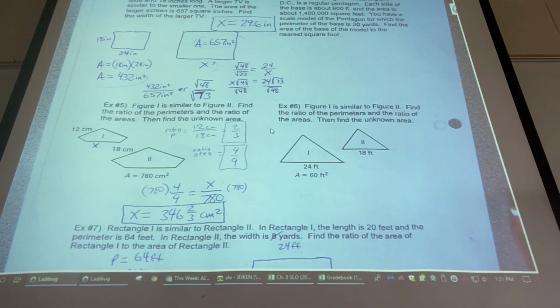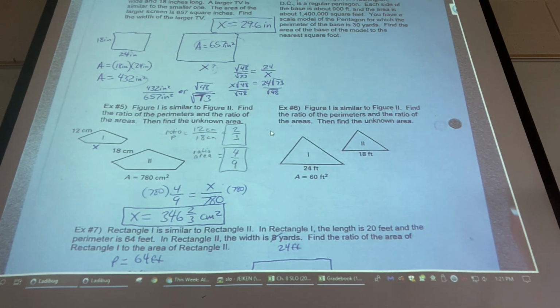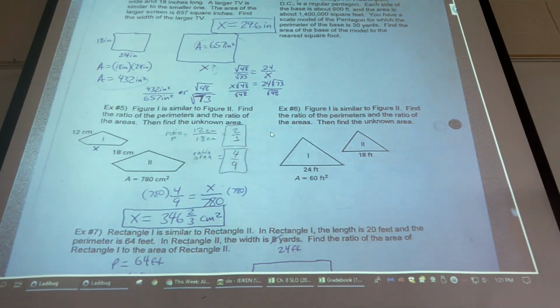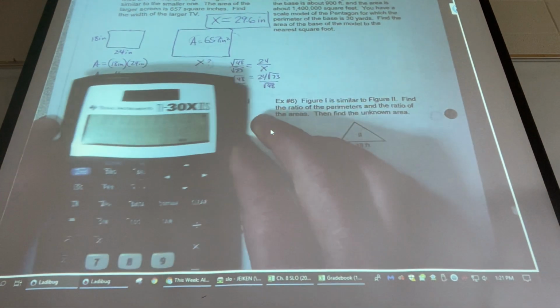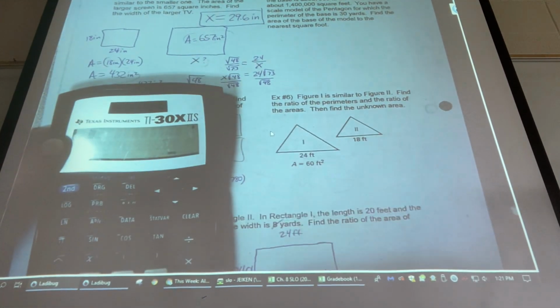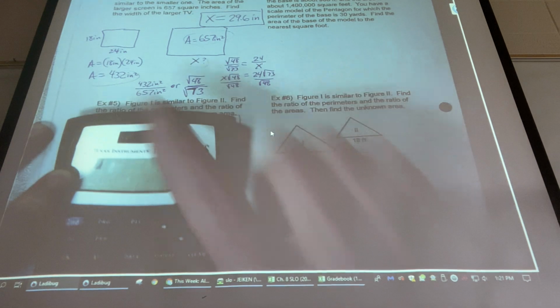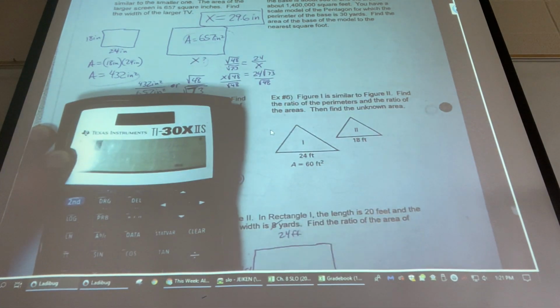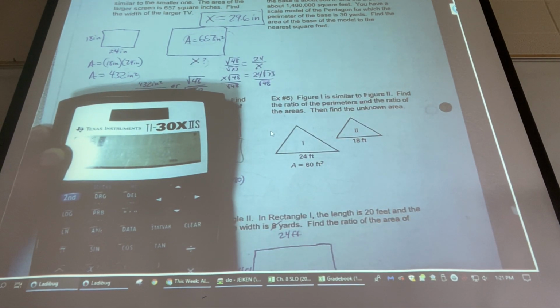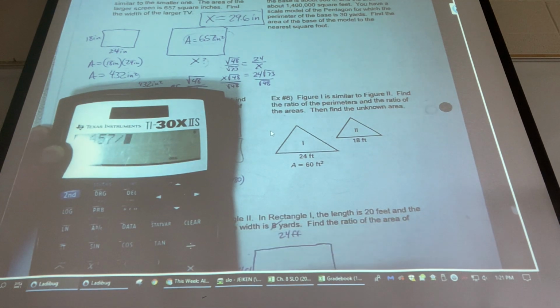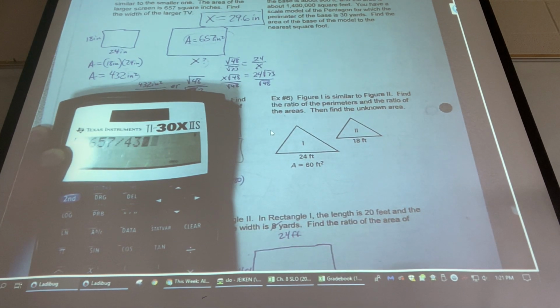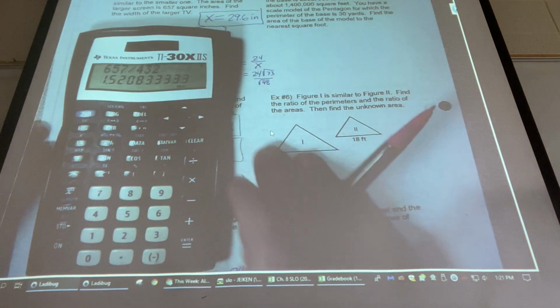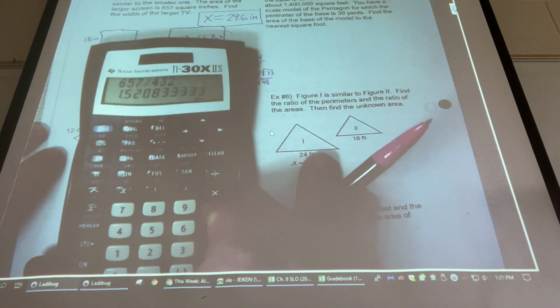So 18 times 24, that's 432, isn't it? And then I did 657 divided by 432, and I got this.